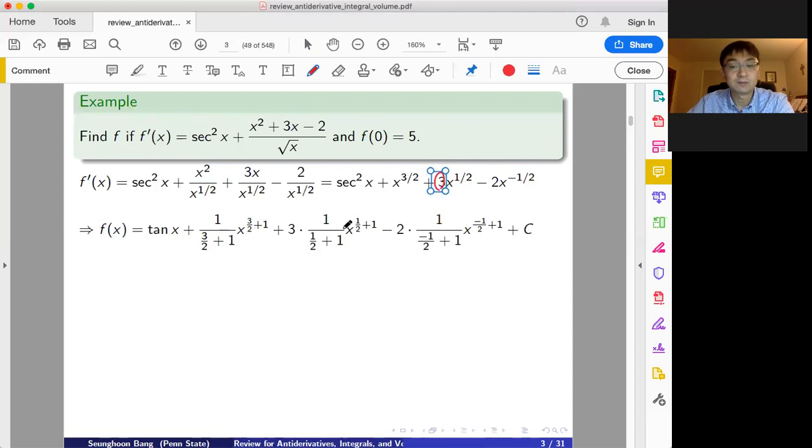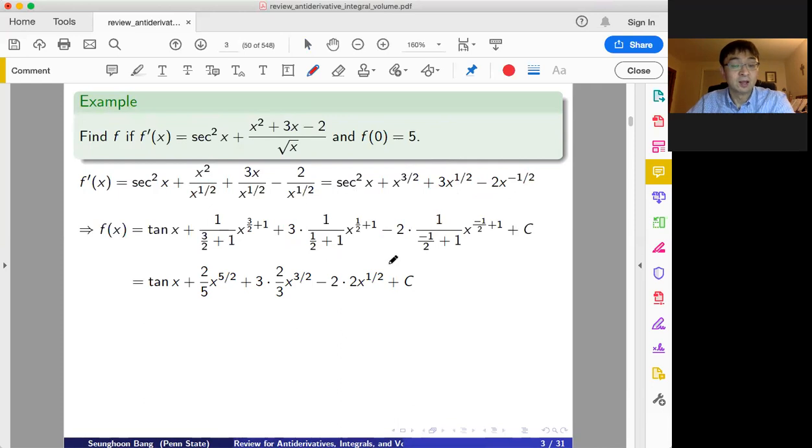Here, keep 3. Find the antiderivative of x to the 1/2: 1 over 1/2 plus 1, x to the 1/2 plus 1. You have to keep minus 2, and the antiderivative of x to the minus 1/2 is 1 over minus 1/2 plus 1, x to the minus 1/2 plus 1, plus c.